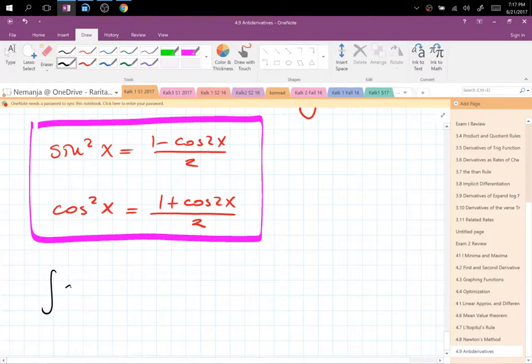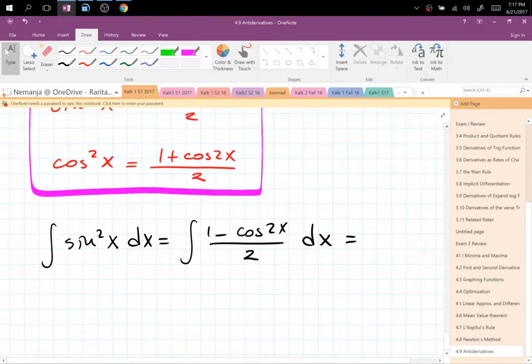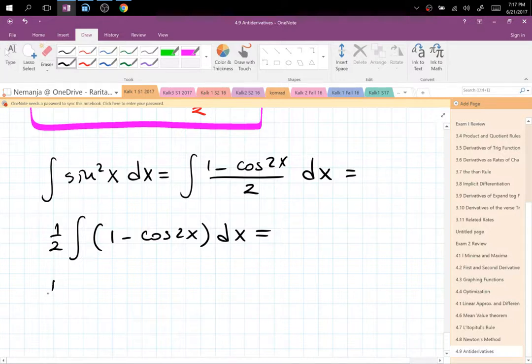So what is the integral of sine squared x dx? Well, we write it as 1 minus cosine 2x over 2. We can kick 1/2 outside, have the integral of 1 minus cosine 2x dx, and now integrate each one separately. The integral of 1 is x, very good. And what's the integral of cosine 2x?